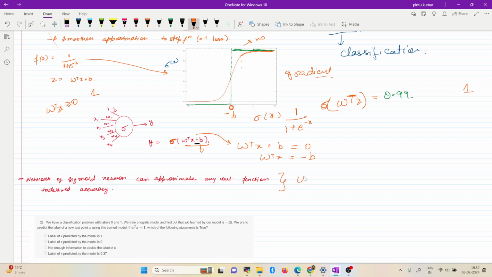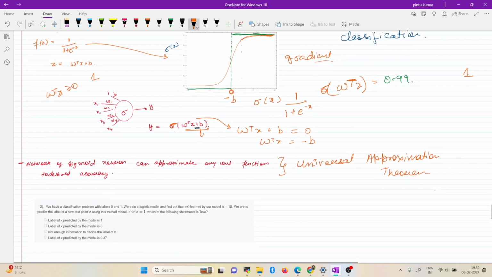This is called the universal approximation theorem. The proof has been discussed very beautifully in the main course lecture, so I won't repeat that. That's not a proof actually, but the motivation is very well covered there. I'm just mentioning that if you replace this, then you can very well approximate this.